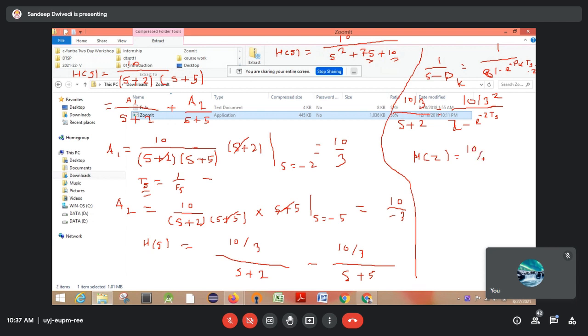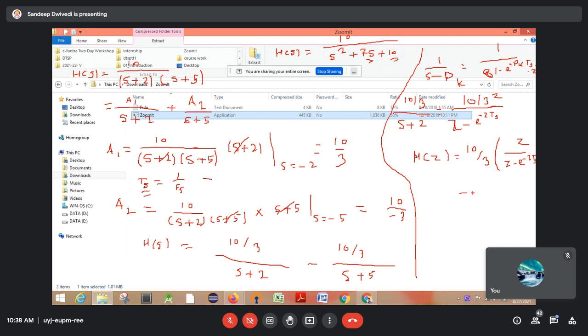You can take this because it is the same thing. So you can take 10 to the power 3 outside, and this will be z upon z minus e to the power minus 2Ts.